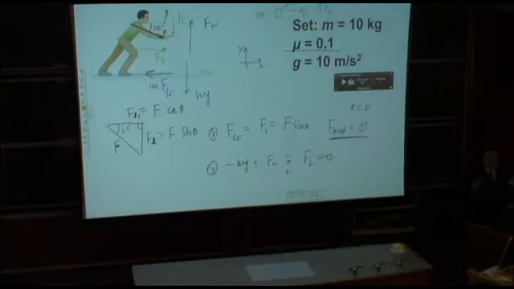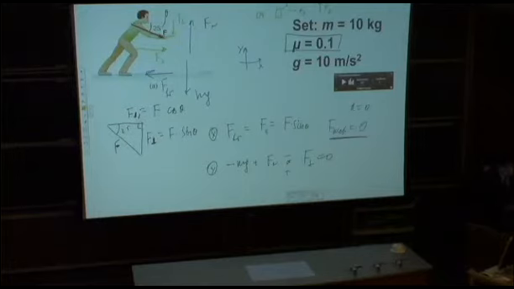Well, are we done? Well, we always should ask a question: have we exhausted all possible connections which might be important? In this situation, the answer is no. Friction is involved. Friction is important. So we must write a connection between the friction and the normal force.